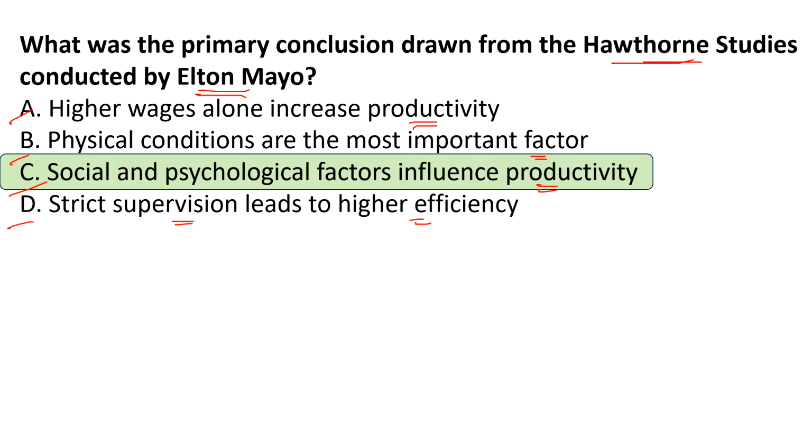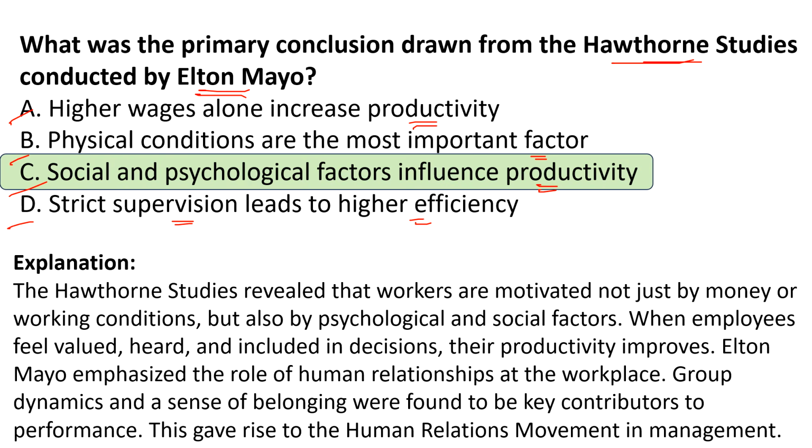I'll explain it. The Hawthorne study revealed that workers are motivated not just by money or working conditions, but also by psychological and social factors. Clear? You must understand this statement. The Hawthorne studies are saying that most of the time employees or workers will not be satisfied by working conditions or money only.